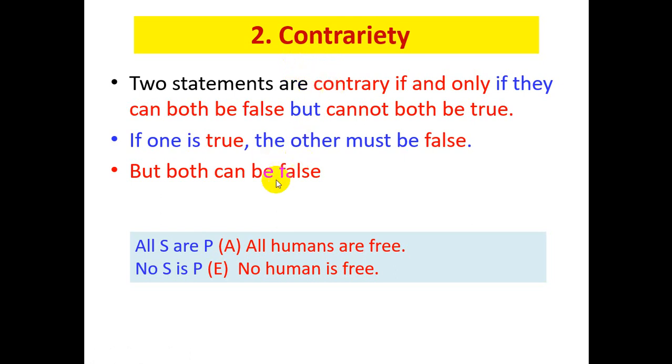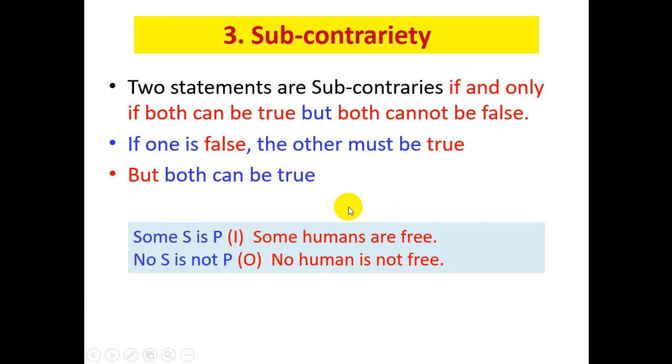And we noted that A is contrary to E and E is contrary to A. The third type of relationship between propositions is subcontrarity.